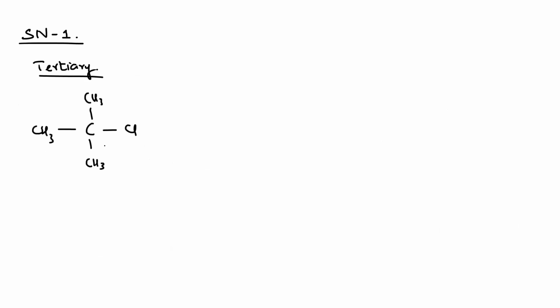Do you agree that this is a tertiary alkyl halide? Yes. And how do you know that? Because it has 3 carbons in it. That's great. So if there is a nucleophilic substitution attack happening, let's apply this with NaOH.